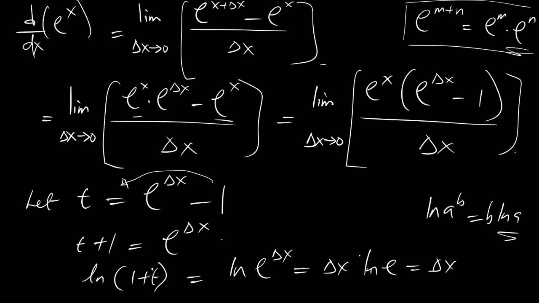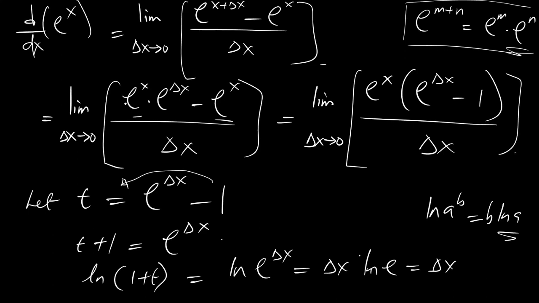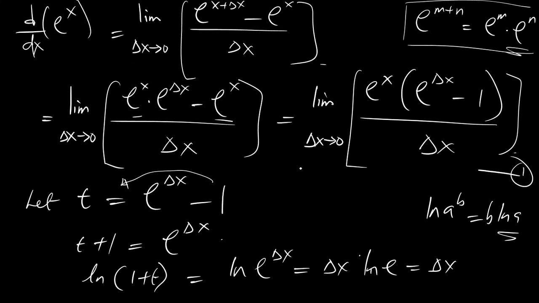So from here we have delta x to be ln of 1 plus t, while t is equal to e to power delta x minus 1. Let me call these equation 2 and 3, and now substitute equations 2 and 3 into equation 1.